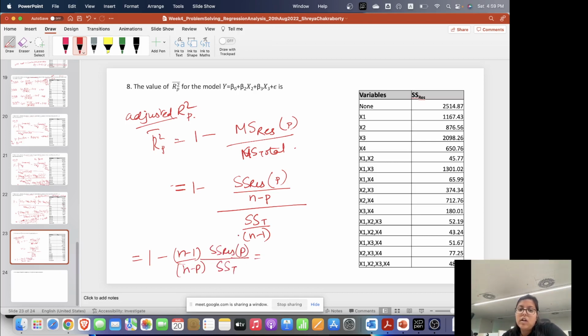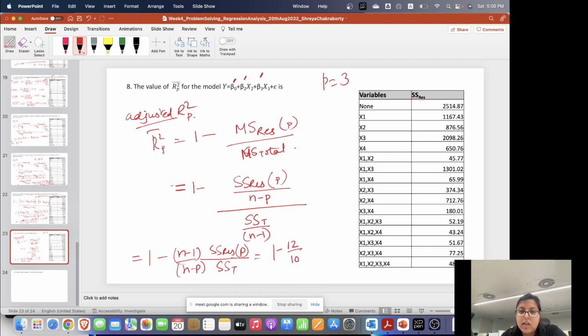So in this context our P is 1, 2, 3. So n minus P would be n minus 3, then this would be 1 minus 12 by 13 minus 3, that is 10, SS due to P.